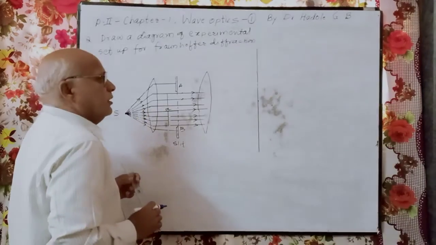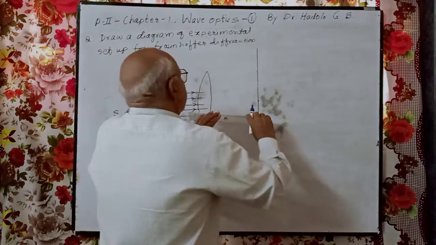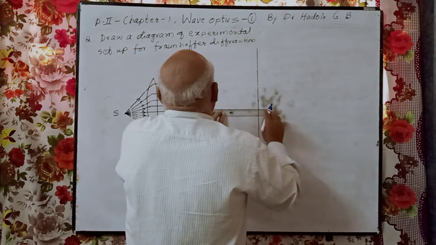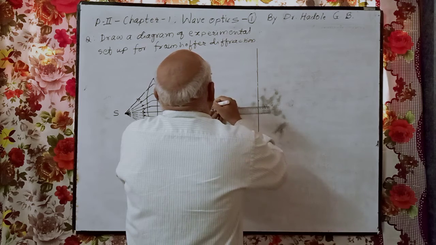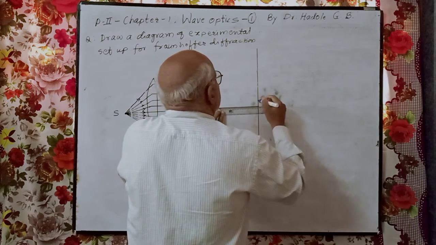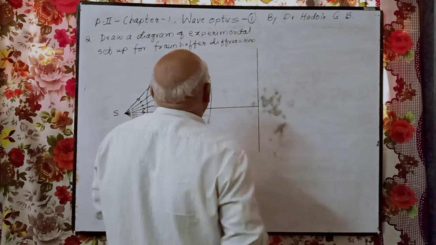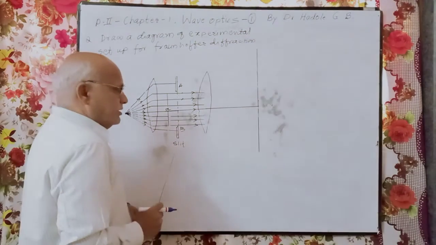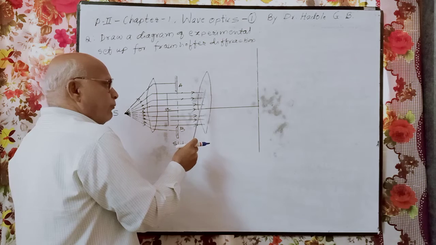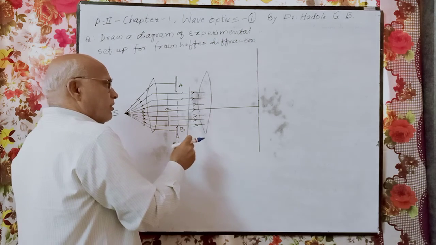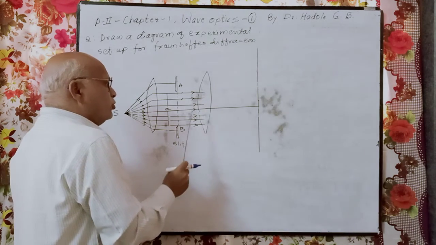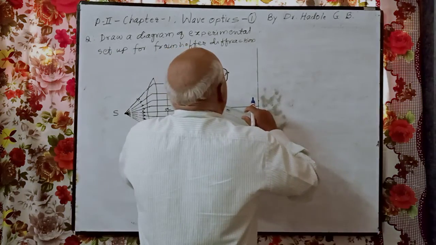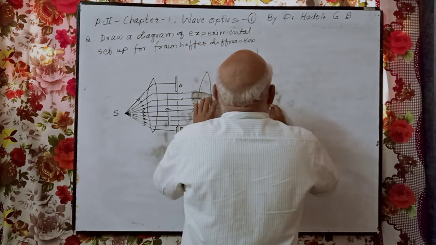Now, see here, this plane wavefront is incident on this lens, and therefore these rays which are parallel to each other are going to converge at a single point.